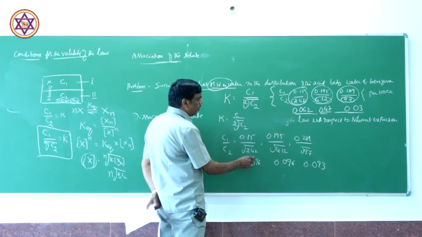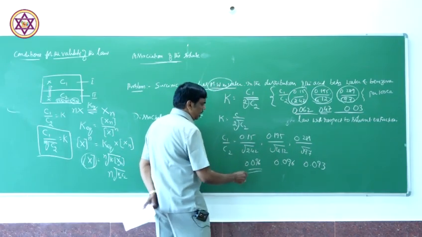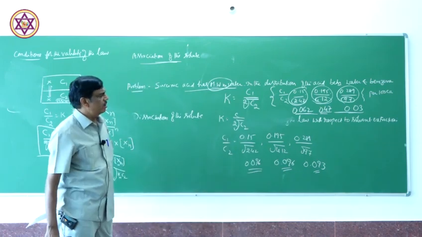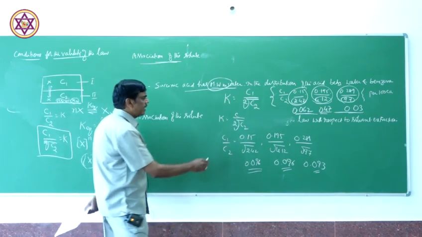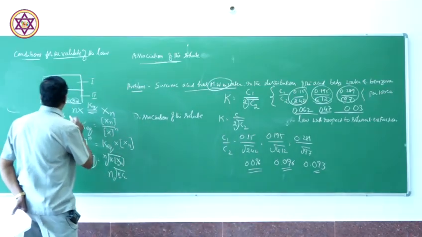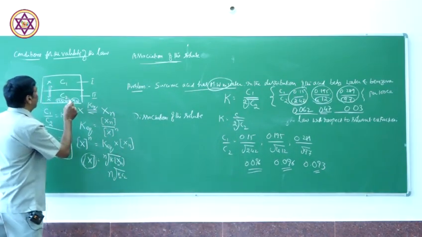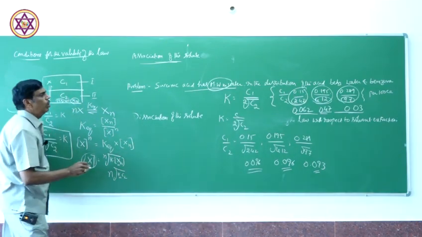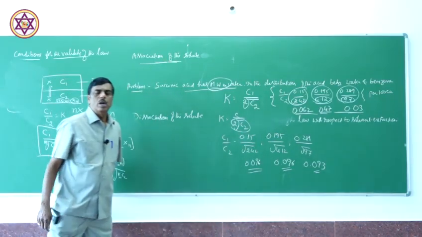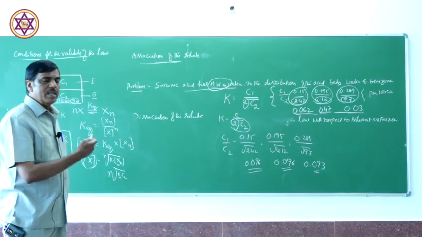If you take the square root, the ratio becomes constant: 0.096, 0.096 and 0.093. This indicates that there is dimerization in one of the solvents. So here n is equal to 2, therefore there is dimerization. You can easily find out that dimerization is there in the solute.